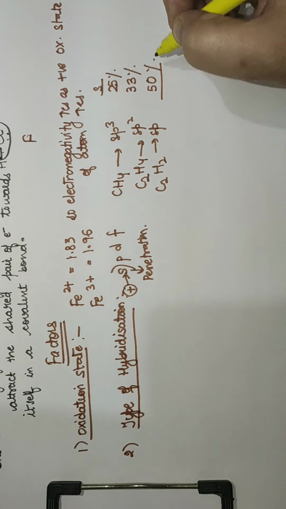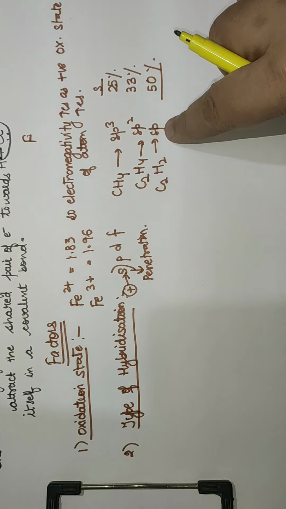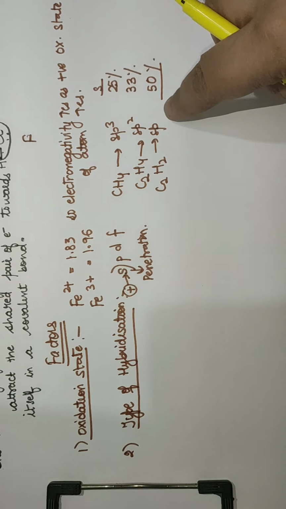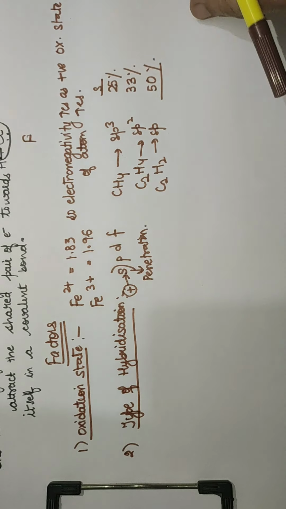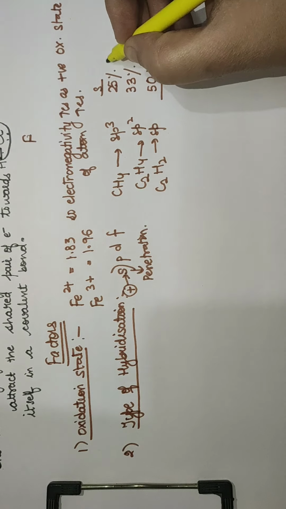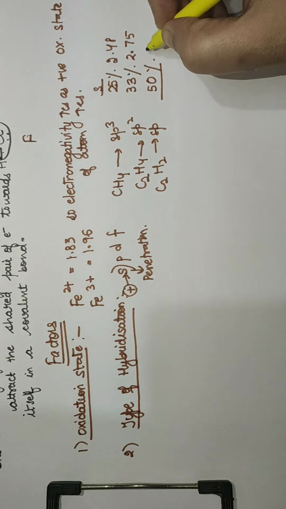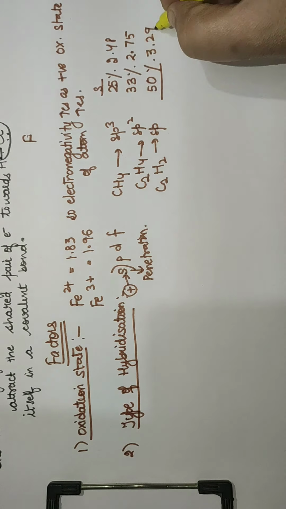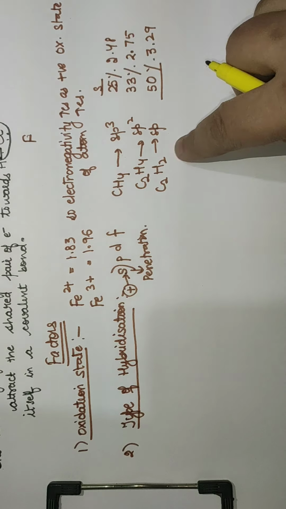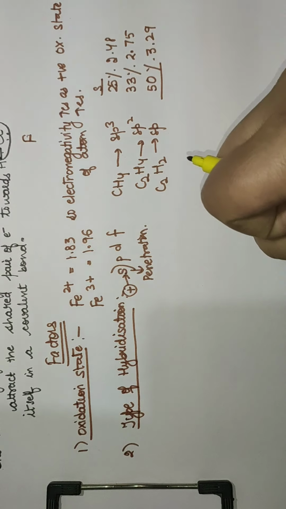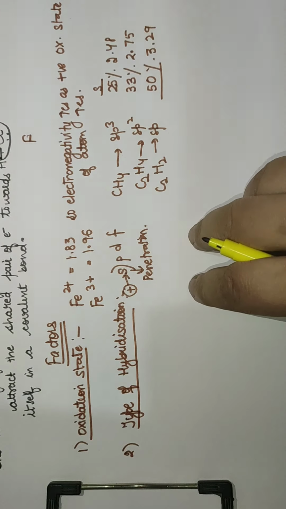So what does it mean? The more the s character, the more the electronegativity. So its values are 2.48, 2.75 and 3.29. It means it would have a greater tendency to attract the shared pair of electrons toward itself.